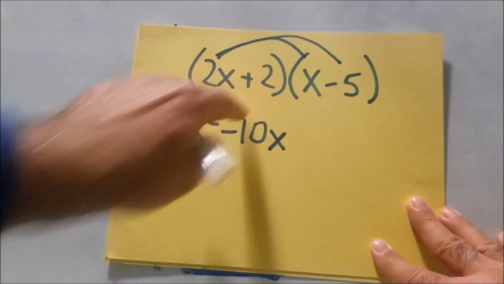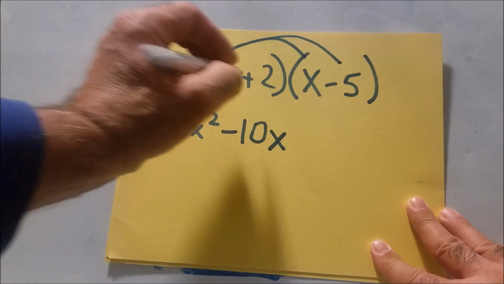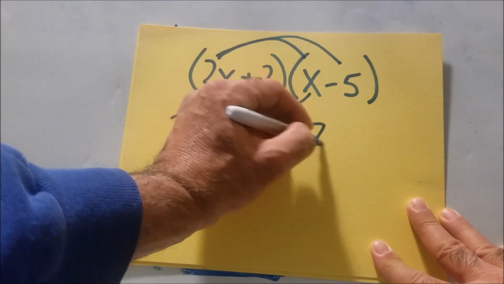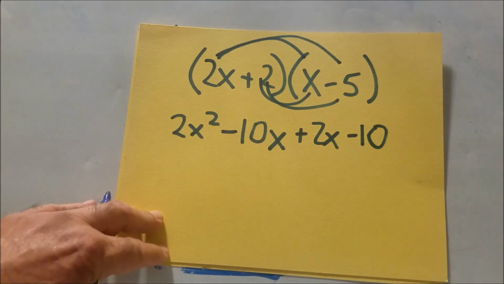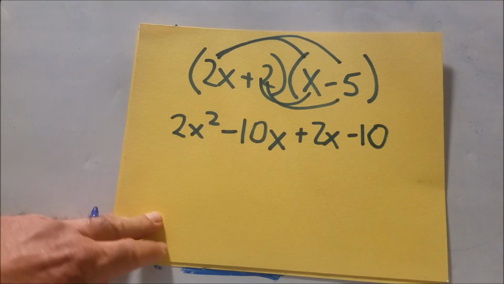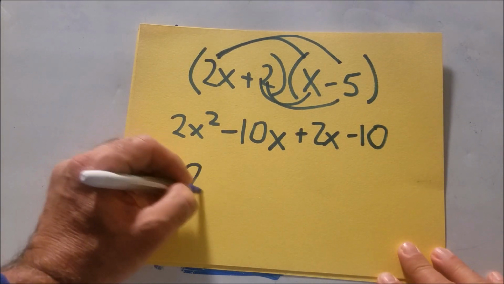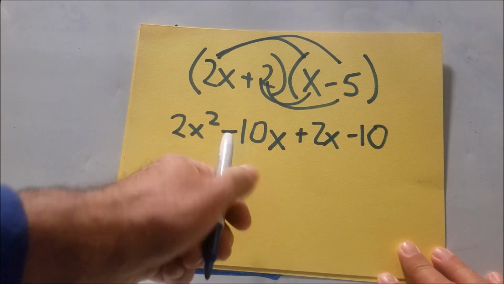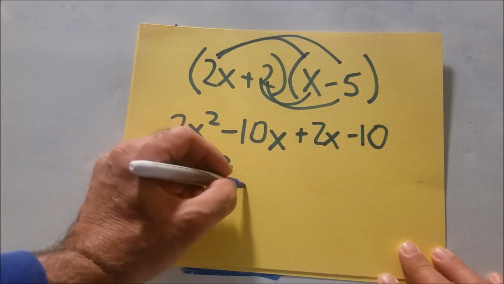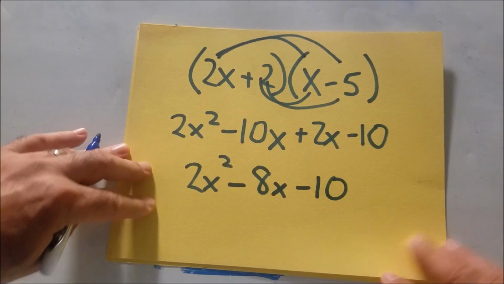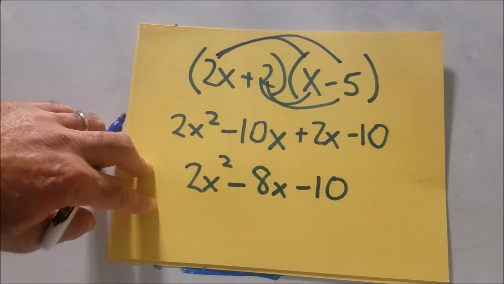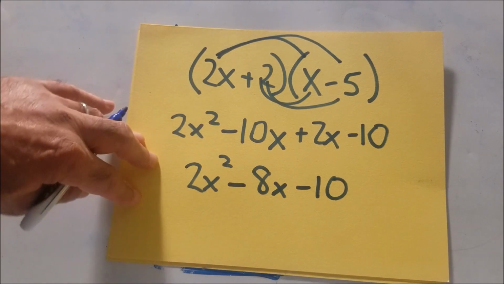Be careful with the signs. 2 times x is 2x, and 2 times negative 5 is negative 10. So then we just combine like terms. 2x squared, and we have a minus 10x plus a 2x. That'll give us a minus 8x minus 10. So here we go. Two binomials into a trinomial.